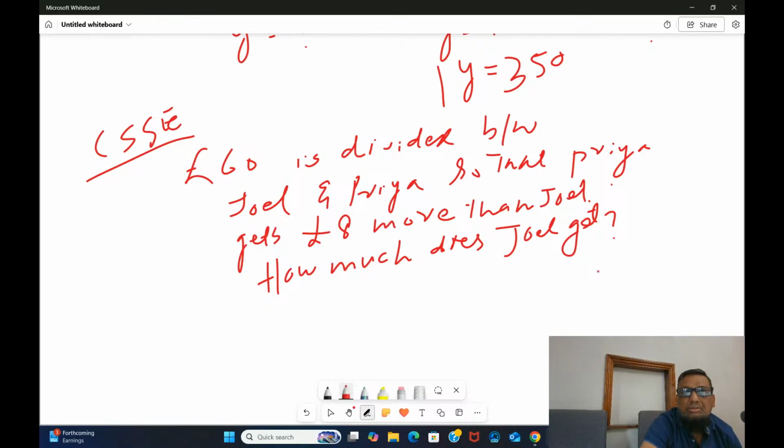So how do we work out this one? Very simple. This is Joel, I can write J, and Priya is P. And the amount divided between Joel and Priya is 60.